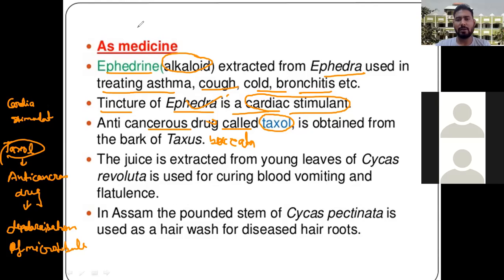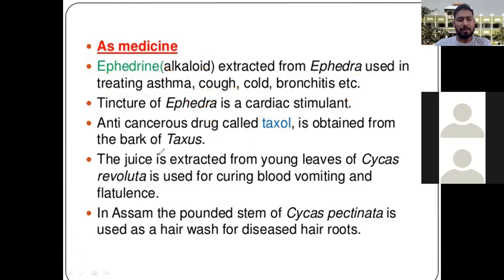Next, the juice extracted from the young leaves of Cycas revoluta is used for blood vomiting and flatulence.